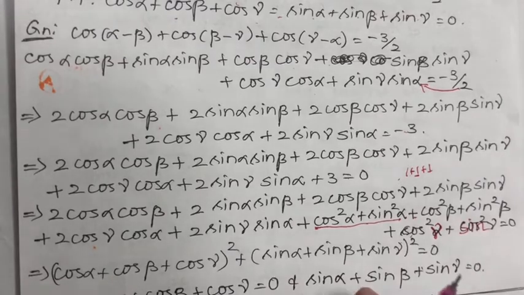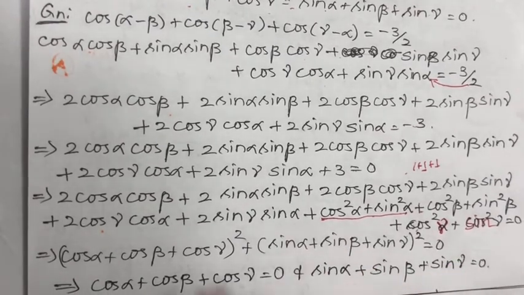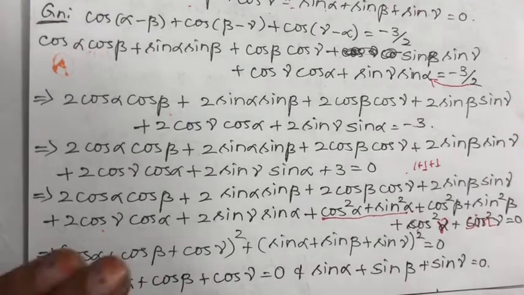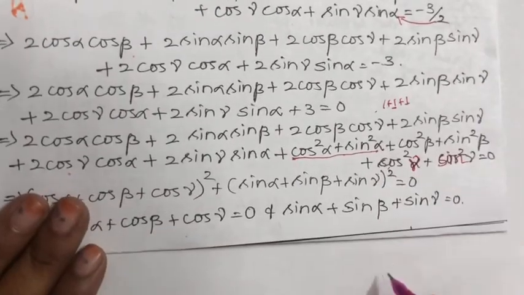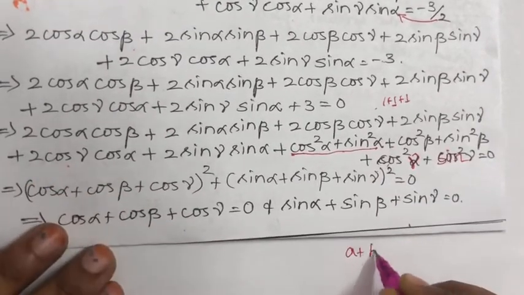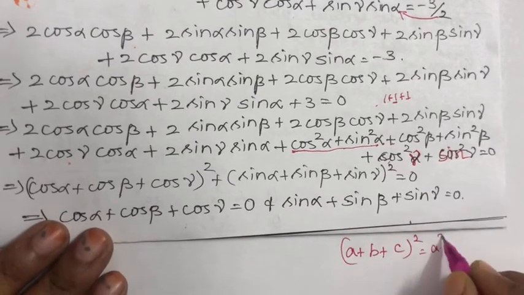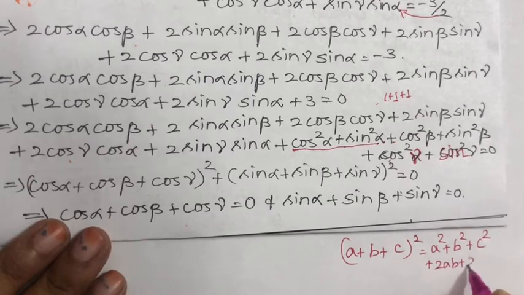Okay, so now you can write this as cos alpha plus cos beta plus cos gamma the whole square. That is (a plus b plus c) the whole square. What is our (a plus b plus c) the whole square? That is a square plus b square plus c square plus 2ab plus 2bc plus 2ca.